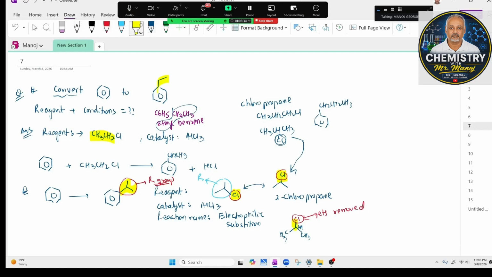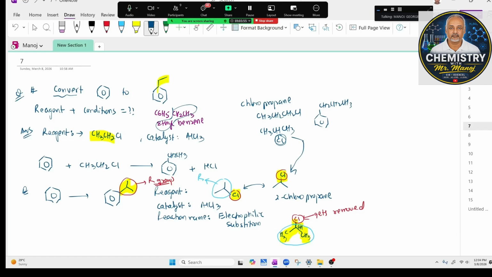So now what's left is this. Is it better now? That's the fancy R group which I wanted to put on the benzene ring. Got it? Okay. Well, that's the Friedel-Crafts alkylation, if you have any questions for me.